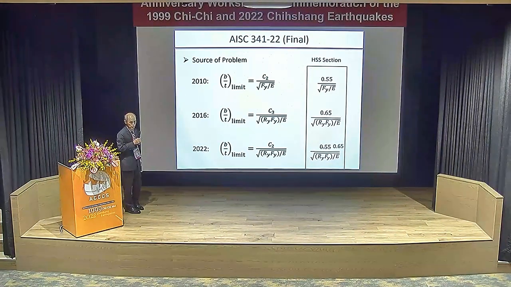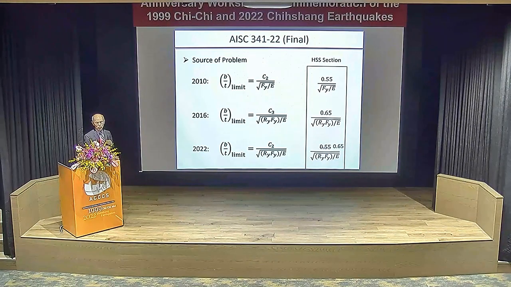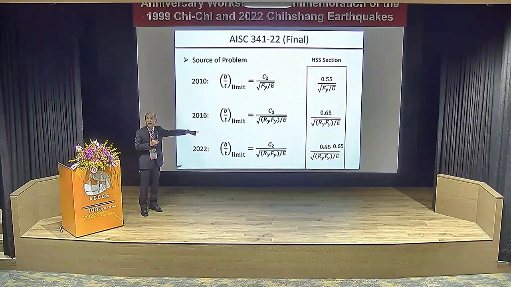Also some researchers, mainly at the University of Washington, said no, we think it's fine, why do you want to change? It was a compromise, because this was at the very end of that code revision process and we ran out of time. So finally AISC said, we don't want to touch it, let's put it back to 0.65. That's what is happening: politics.